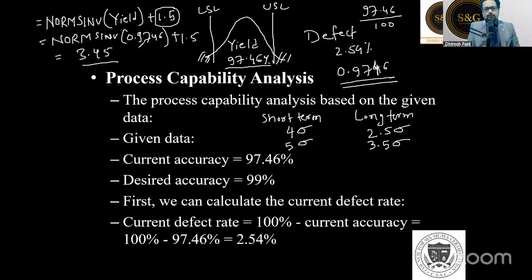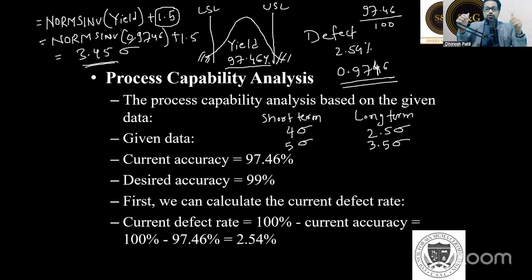So this is a 3.45 sigma process. Correct. 3.45 is the current process capability. Clear, everybody? Like we call it a 4 sigma process, 6 sigma process, 5 sigma process, similarly this process is a 3.45 sigma process. Clear?